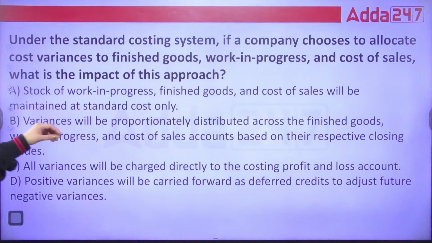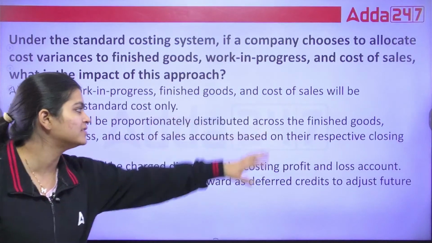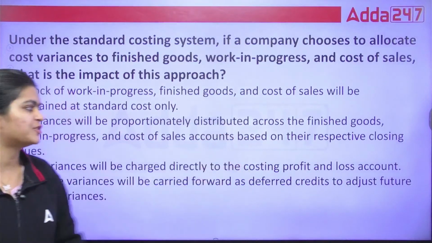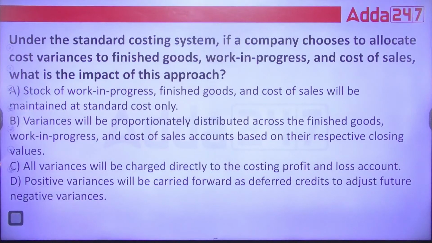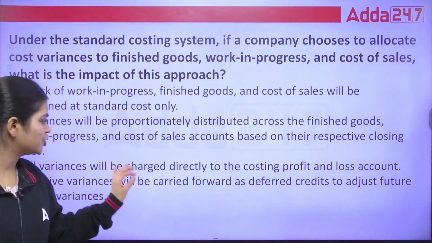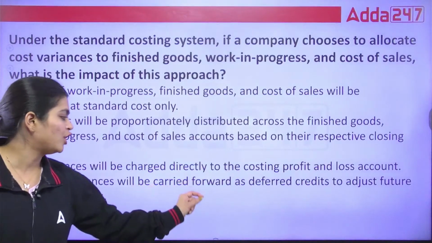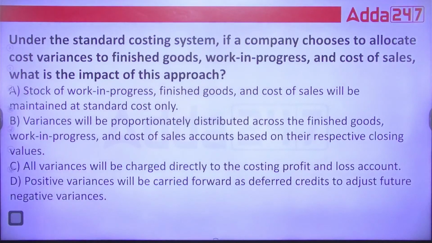B. Variance will be proportionately distributed across the finished goods, WIP, and cost of sales based on their respective closing values. Third, all variances will be charged directly to the costing profit and loss account. Fourth, positive variance will be carried forward as deferred credits to adjust future negative variance.